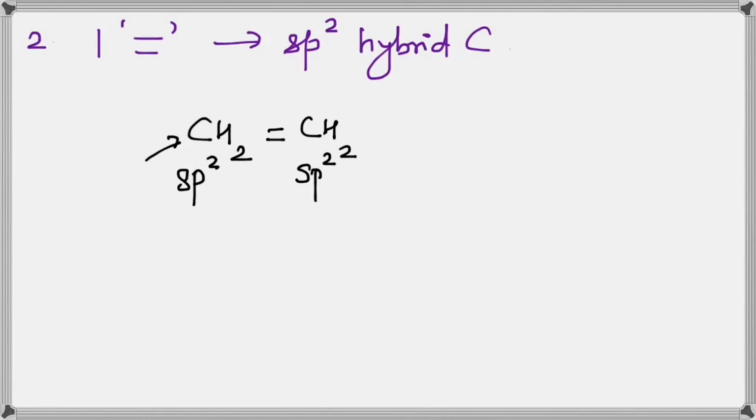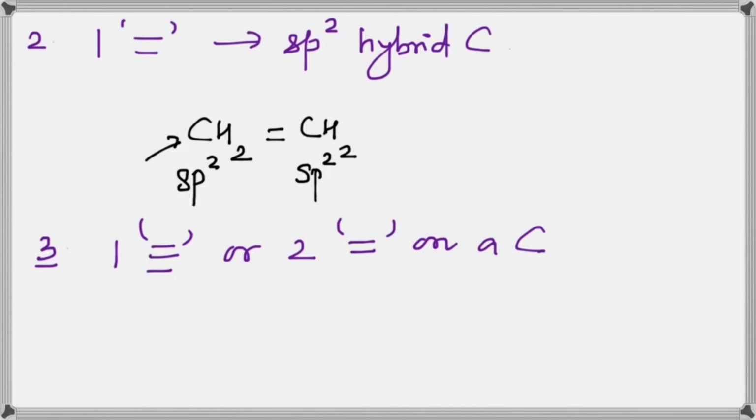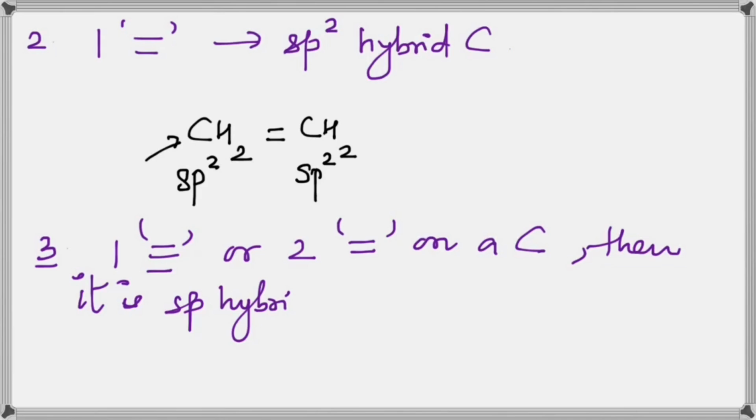The third and final rule is if you see one triple bond or two double bonds on a carbon, then it is sp hybrid. Let's take an example.